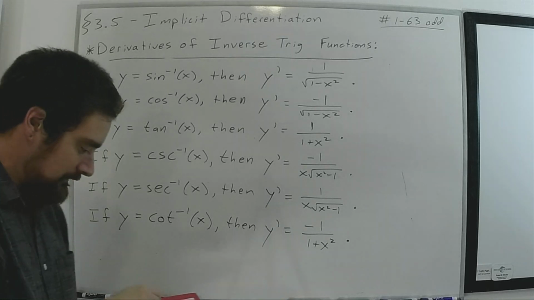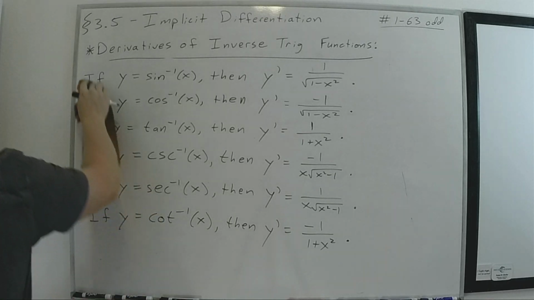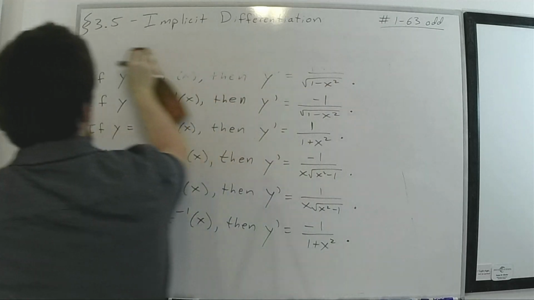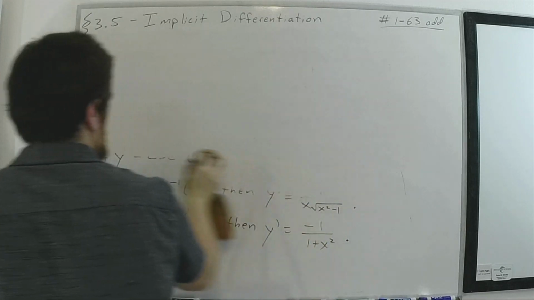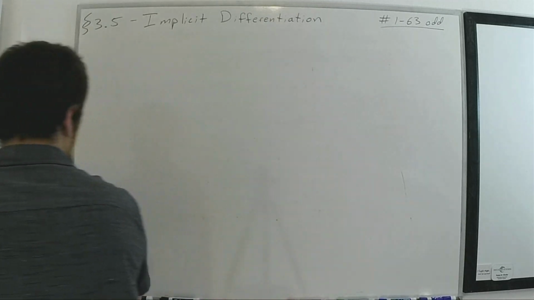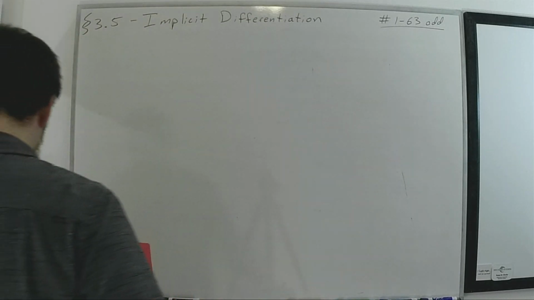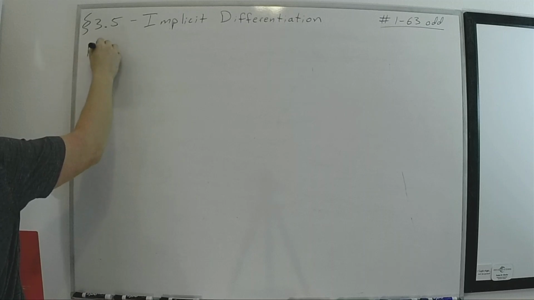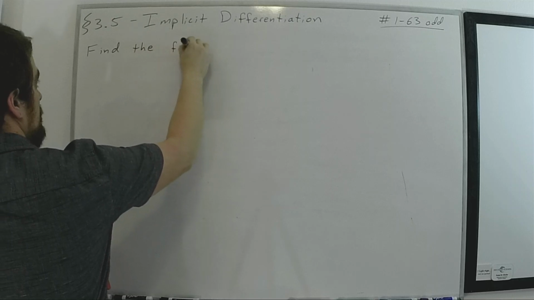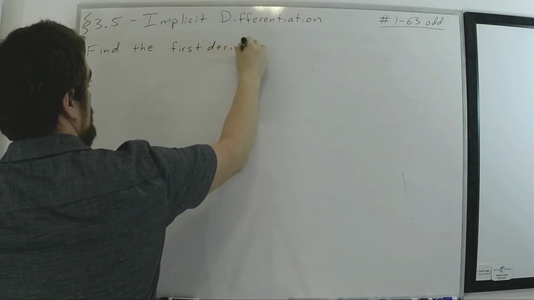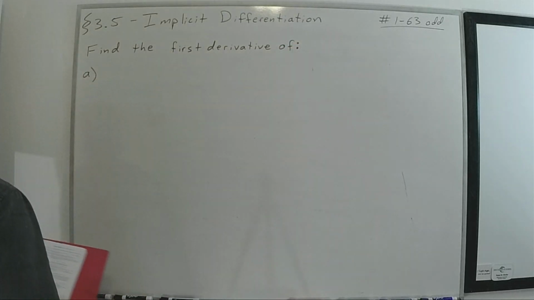And then I'll just steal a couple problems out of the book to show you this is really not too bad. So let's take a look at, find the first derivative of, and I'll just steal a couple and we'll work them out.